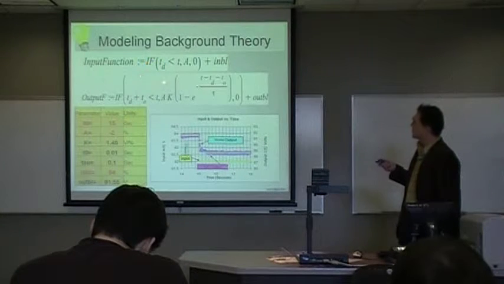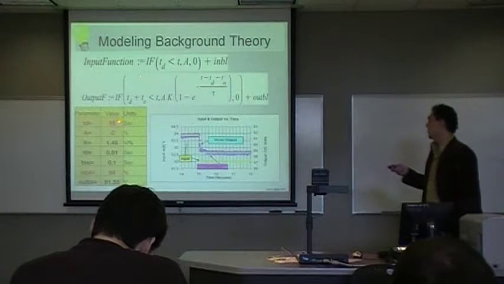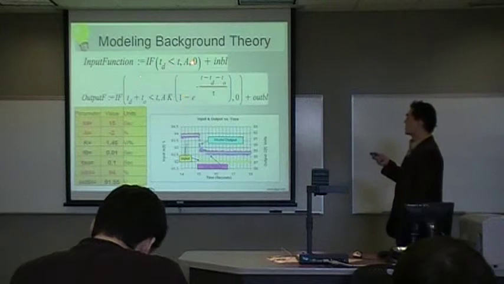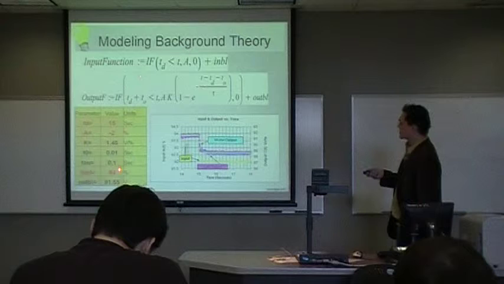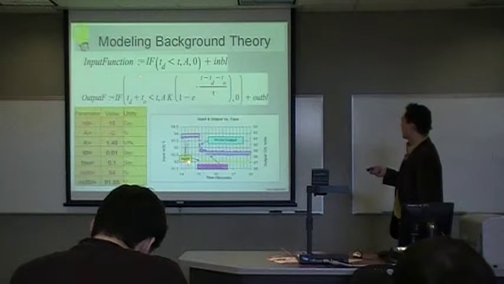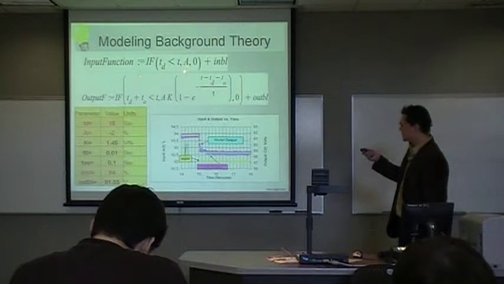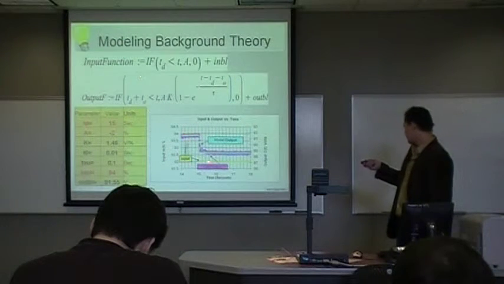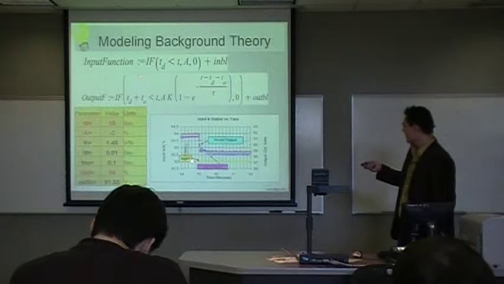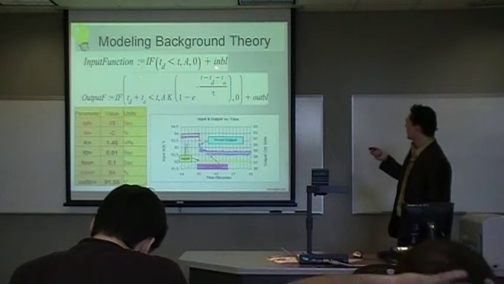It basically says that if time is less than the point where we did the step, it's going to be 0, plus the input baseline, which is 94% in this case, for all values of t between 0 to 30 seconds. And that creates this little yellow line here, the input line. That's how we created that.